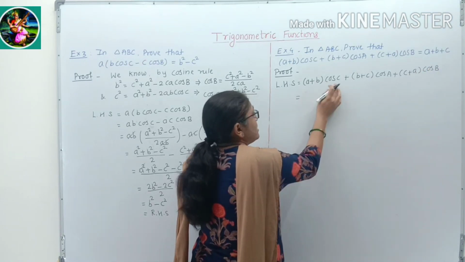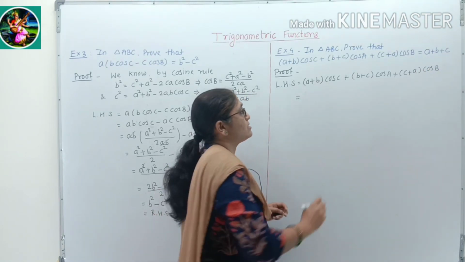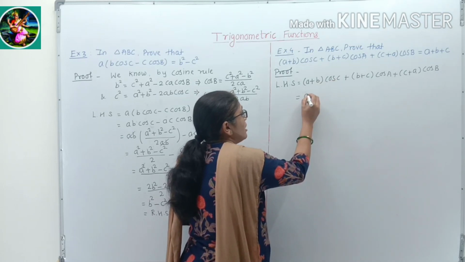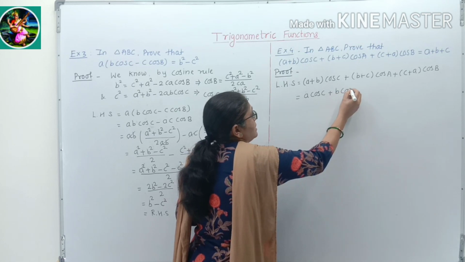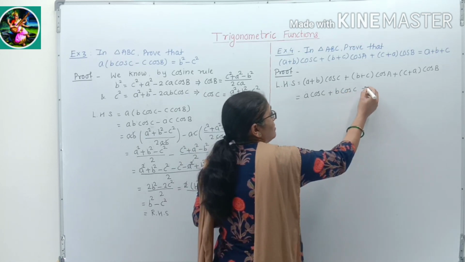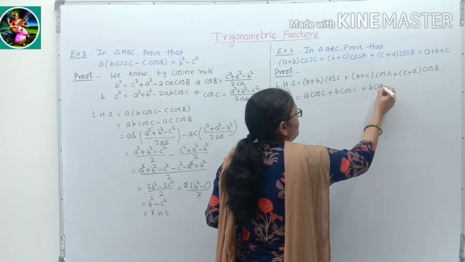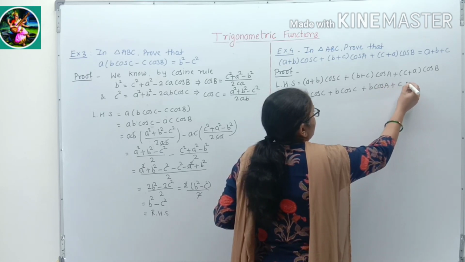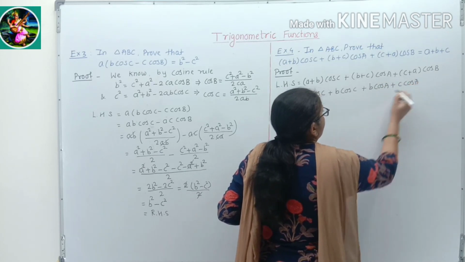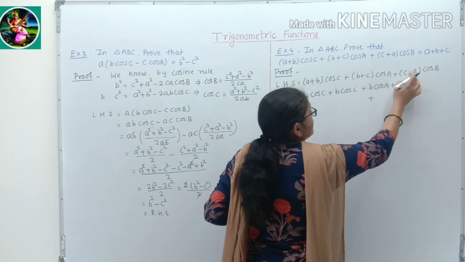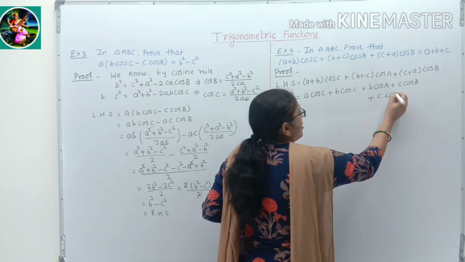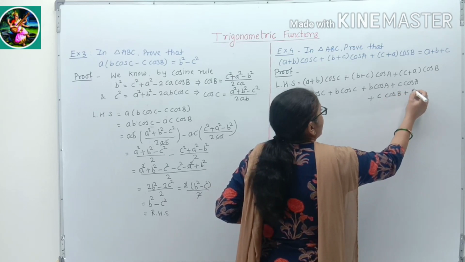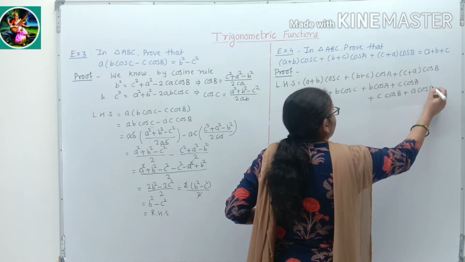We multiply these terms in the brackets. Therefore it becomes a cos c plus b cos c plus b cos a plus c cos a plus, cos b multiplied with each term of this bracket, c cos b plus a cos b.